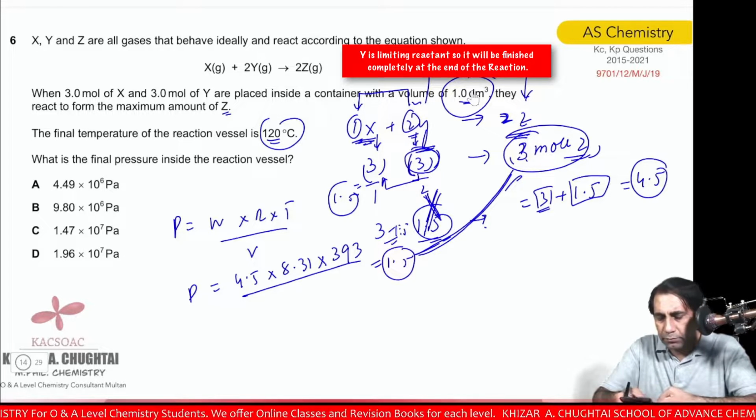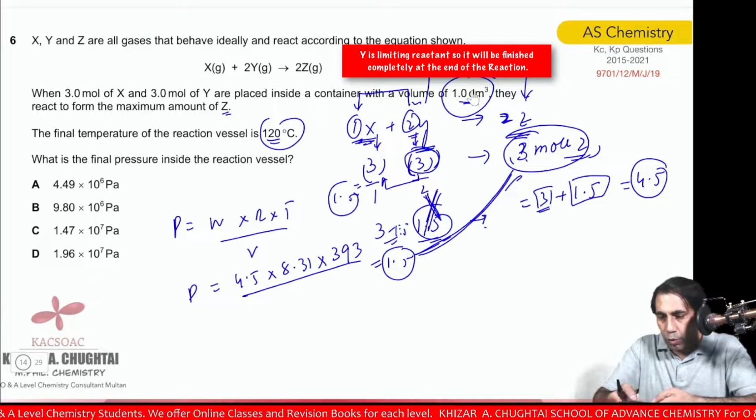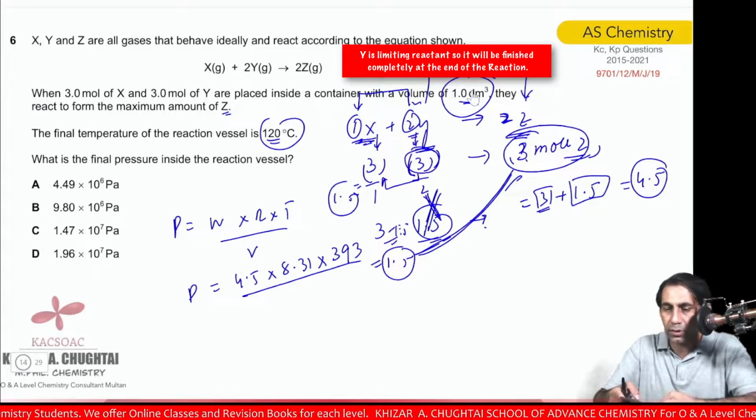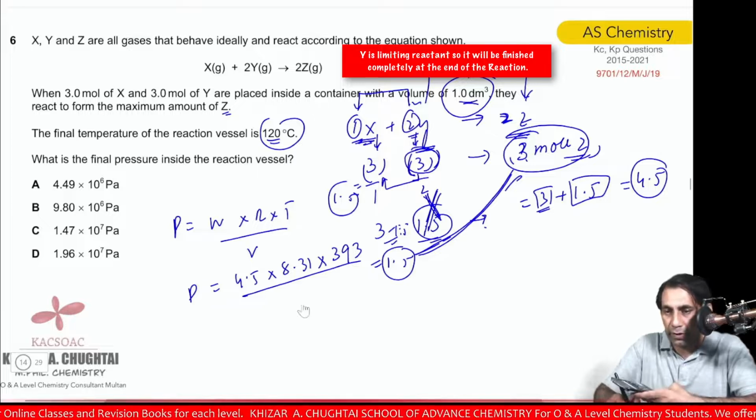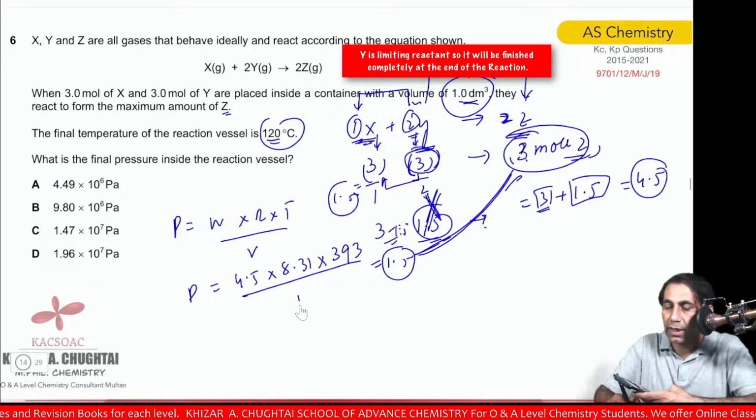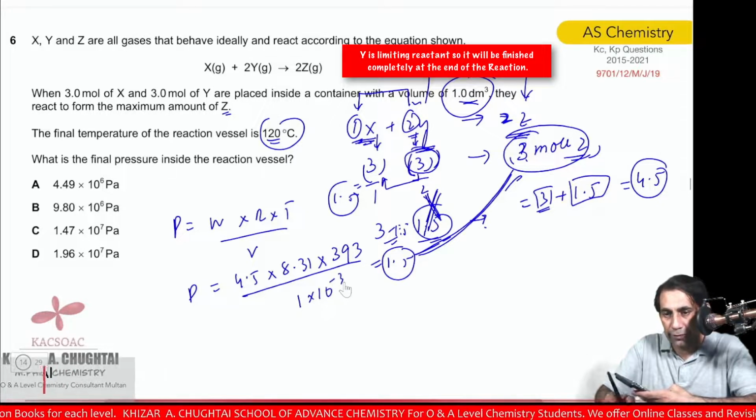I mean 1 divided by 1000, which is equal to 1 into 10 raised to power minus 3.